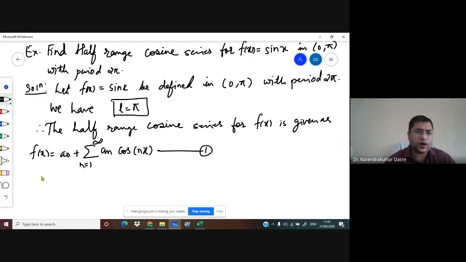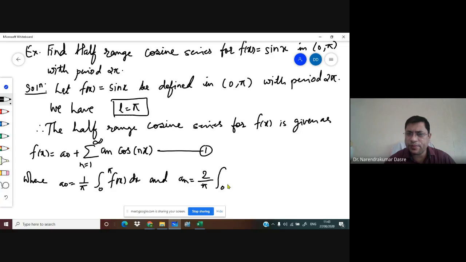This is equation 1, where a0 is equal to 1 upon pi integral 0 to pi f of x dx, and an is equal to 2 upon pi integral 0 to pi f of x cos of nx dx.